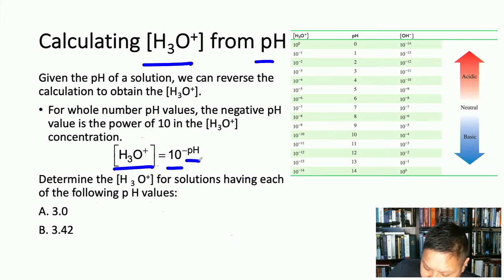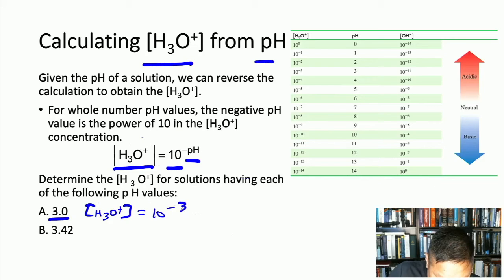So we have a pH of 3. We'll start out by saying H3O plus, hydronium ion, equals 10 to the negative pH, 3.